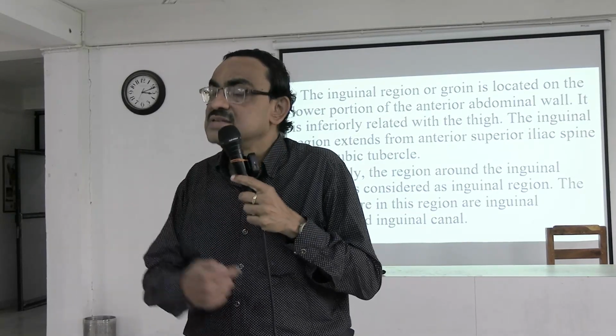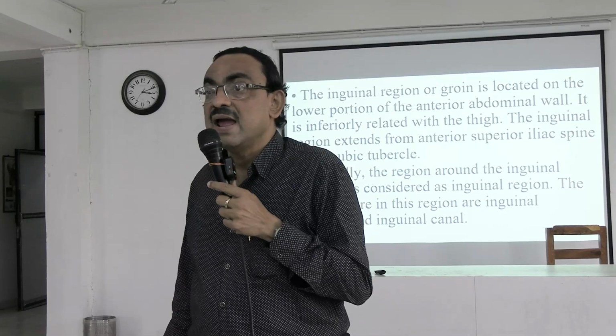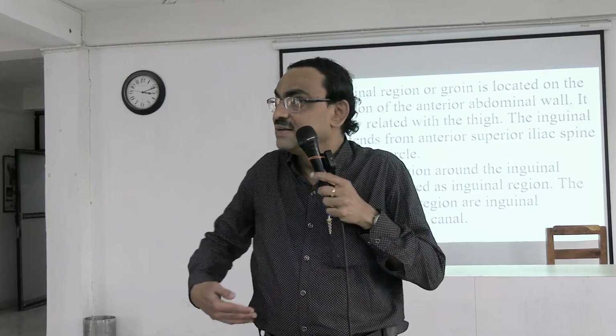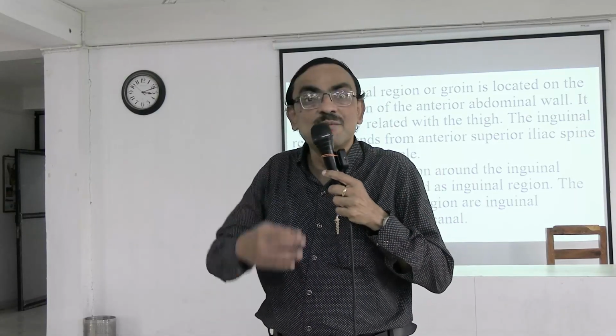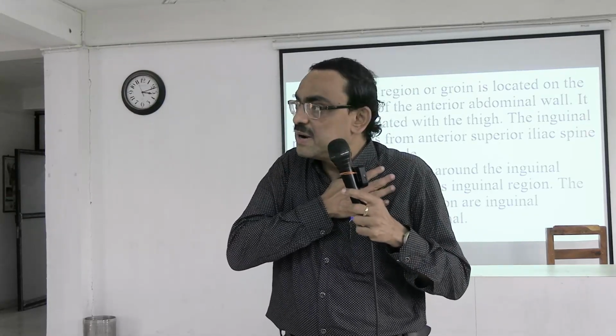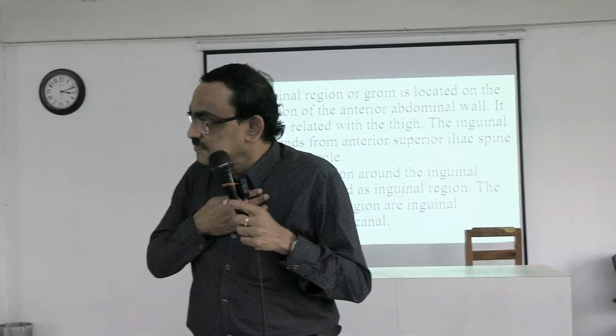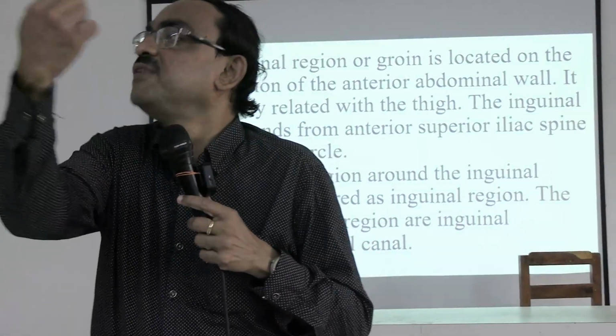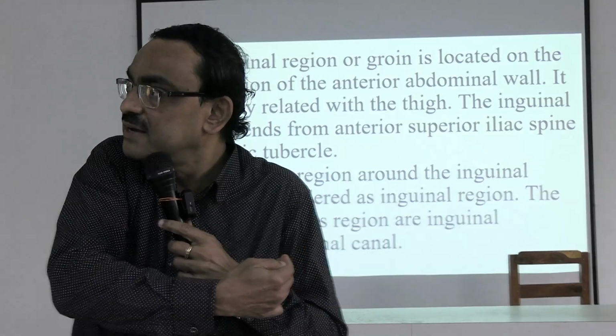And if you go more inside, you will enter into the abdominal cavity, but the abdominal cavity is covered with a membrane-like structure, very glistening, like the pleural cavity. We have one layer intimately attached with the lung, that is the visceral layer, and another layer is reflected, that is the parietal layer.